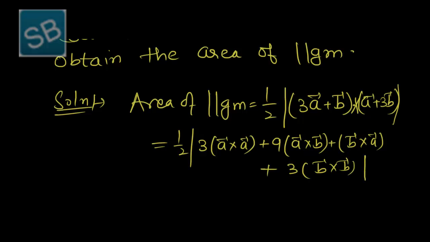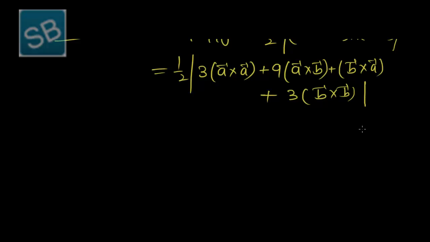Magnitude. As we know that the cross product of two similar vectors is 0. So A cross A is 0 and B cross B is 0.